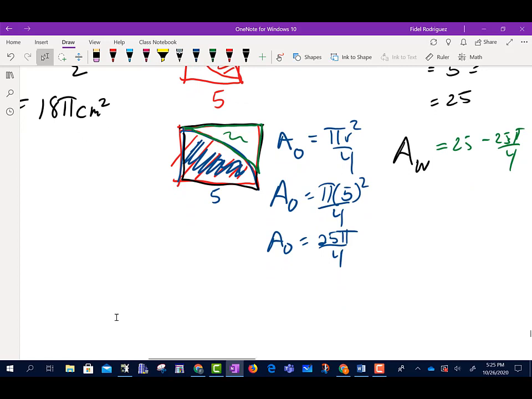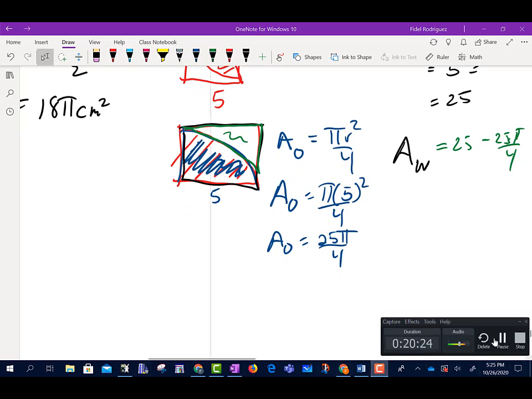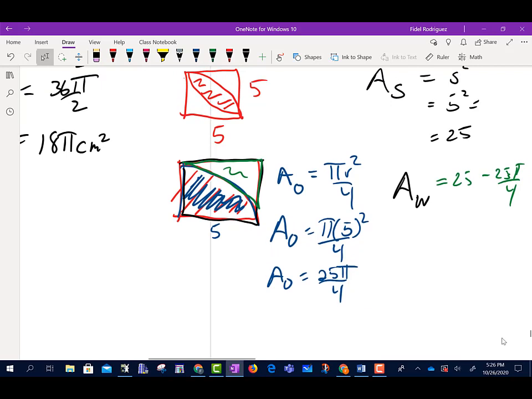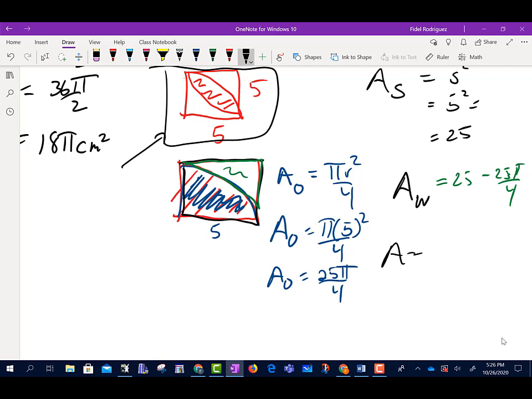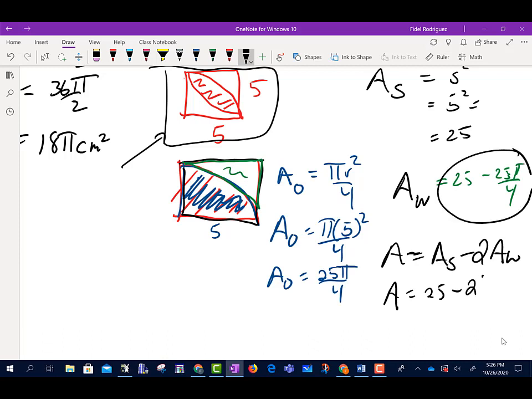So, if I come back to the original little segment that we had, and if I wanted to find the area of that piece right there, the area of this one right here is going to be the area of the square minus 2 times the area of the white pieces. So the area of the square was 25 minus 2 times that.